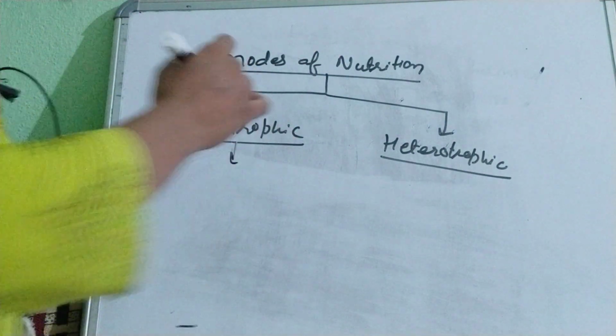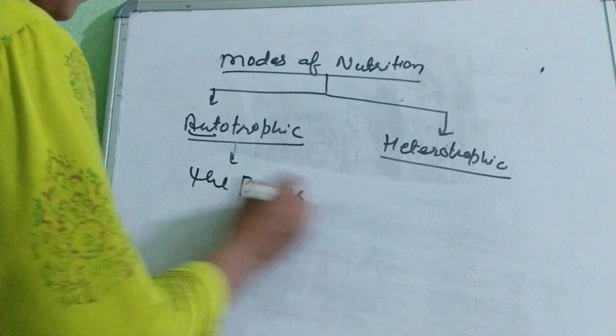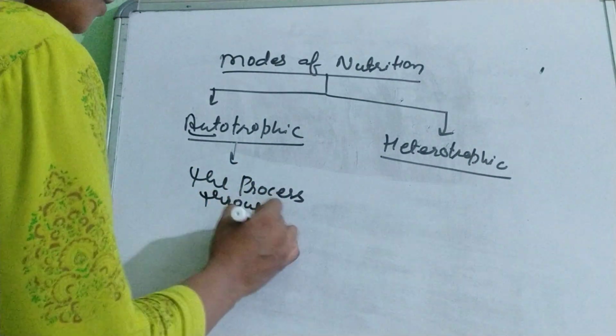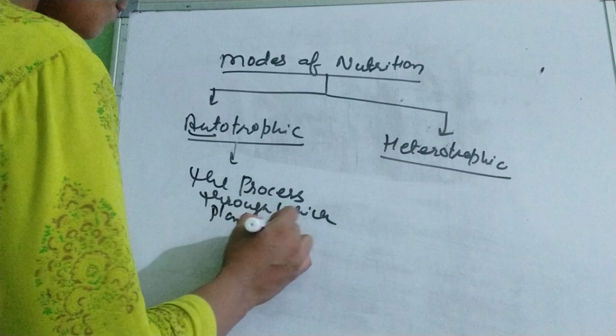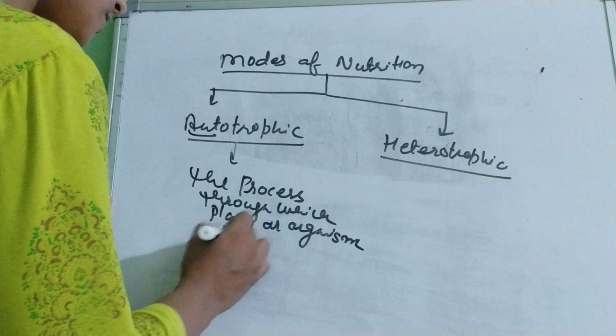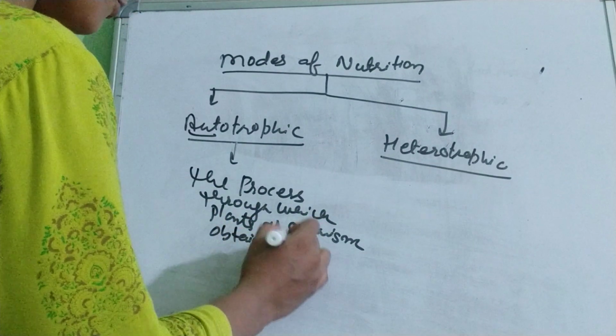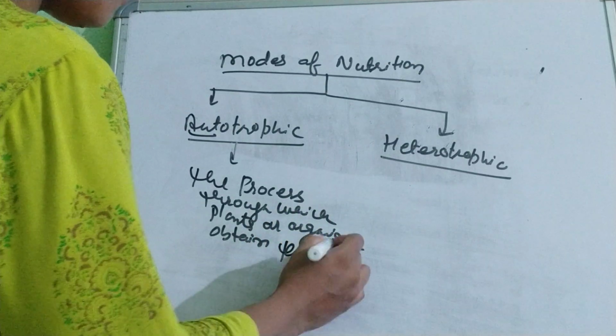So here you will write: the process through which plants or organisms obtain their food.